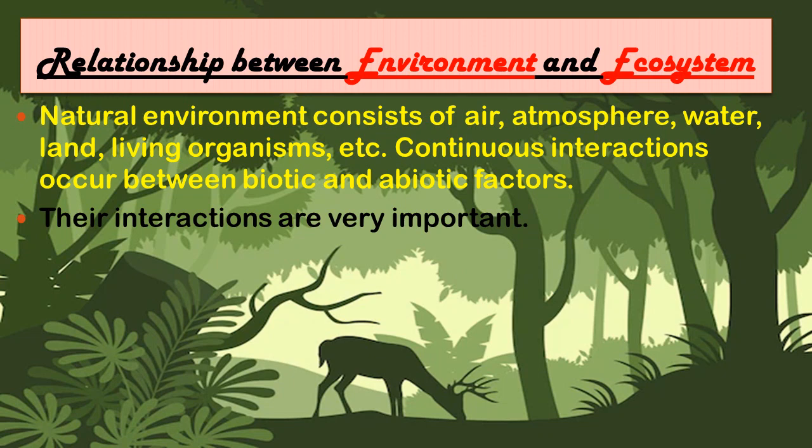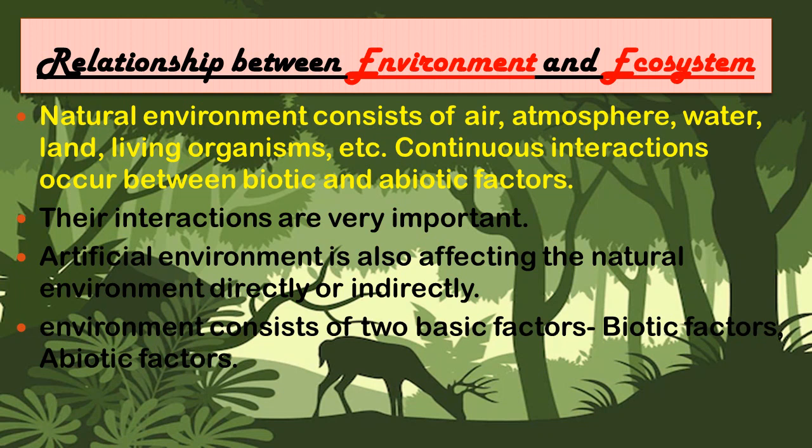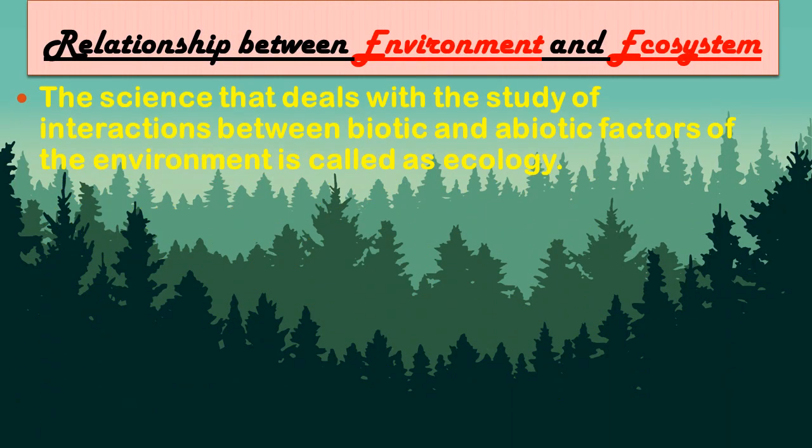The artificial, man-made environment also affects the natural environment directly or indirectly. Basically the environment consists of two basic factors, biotic factors, that is living things, and abiotic factors, that is non-living. The science that deals with the study of interaction between biotic and abiotic factors of the environment is called ecology.